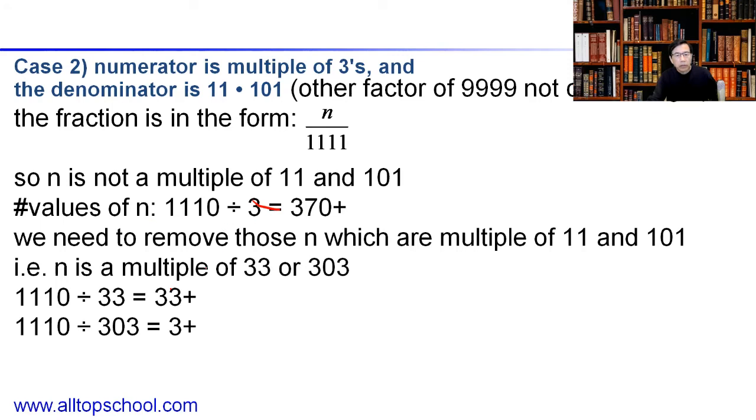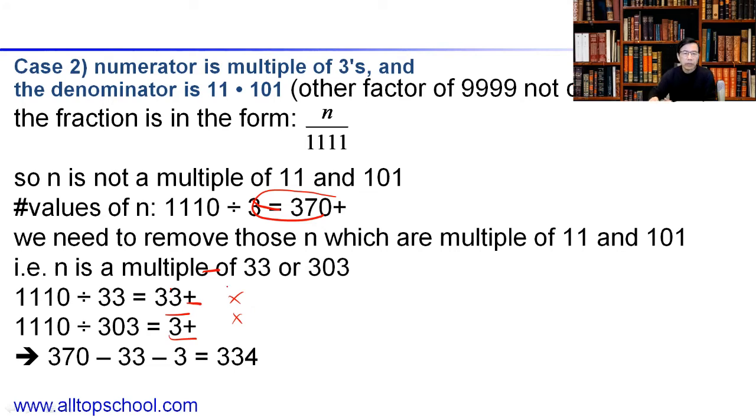That's we exclude both of these. 33 of them should not be in this form because this number will not be reduced with this new denominator of 1,111. So we just remove them from the total number of multiples of 3 from here, and then cross this out, and then we get the actual number of qualified multiples of 3 as the numerator in this form. So that's the second case.